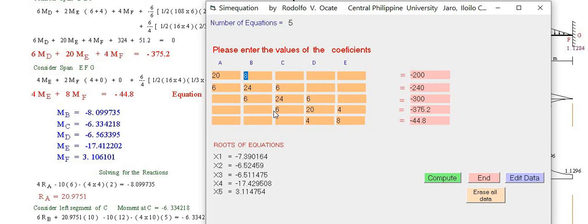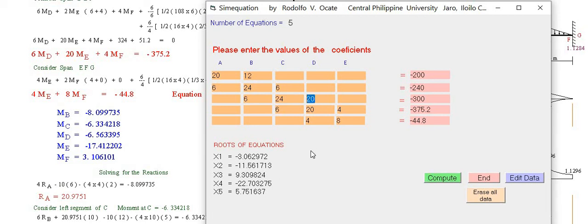I will change this to 12. Compute another solution. I will change this to 20. Compute. So it changed to another answer.